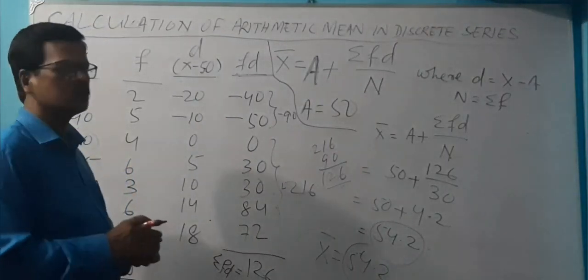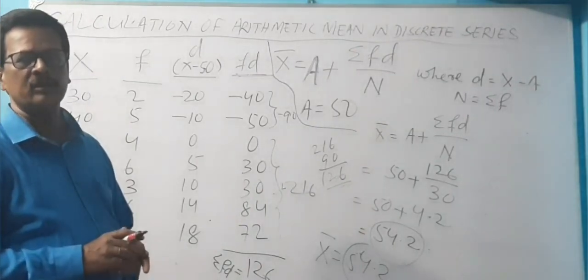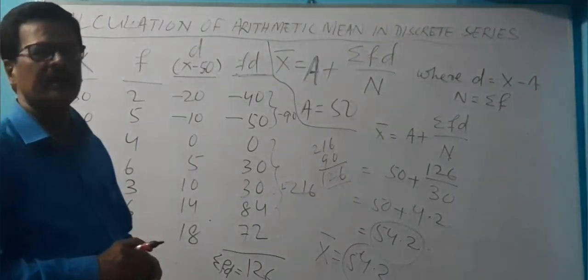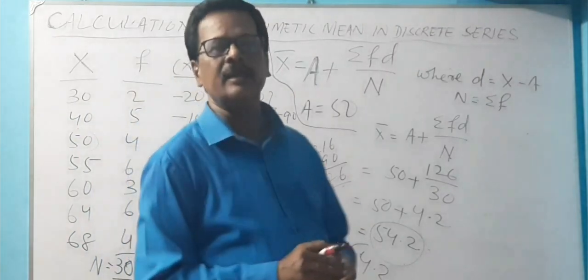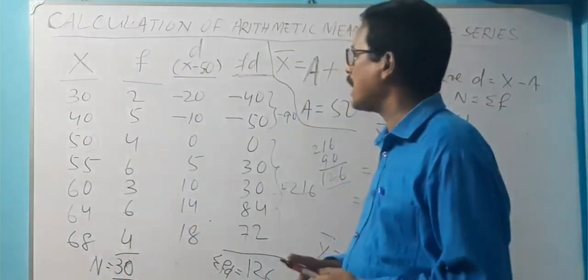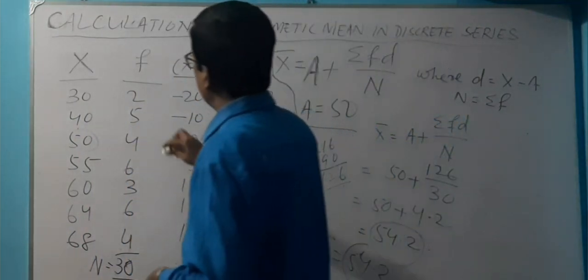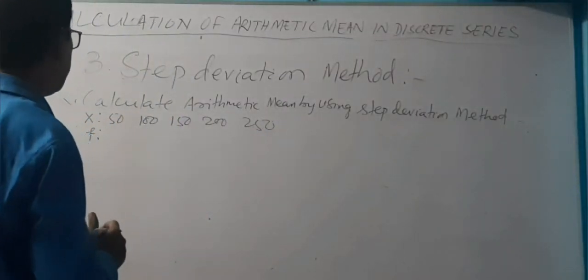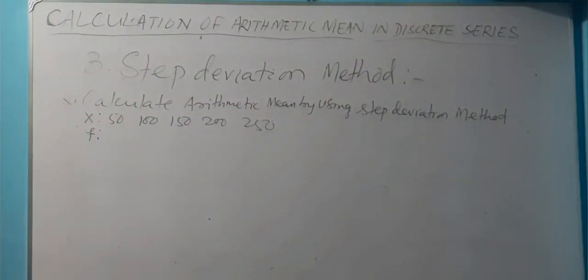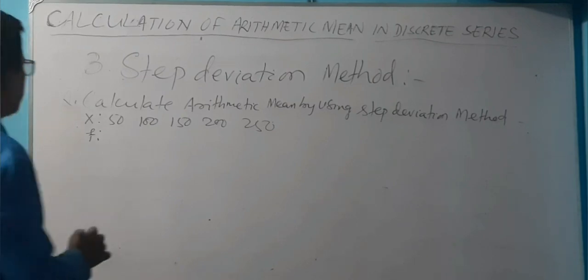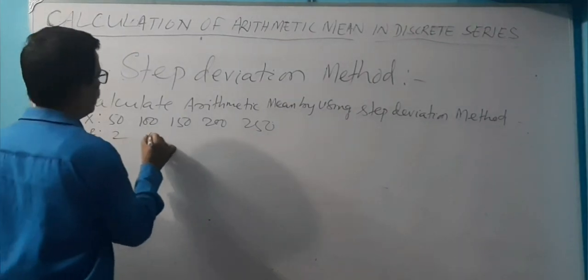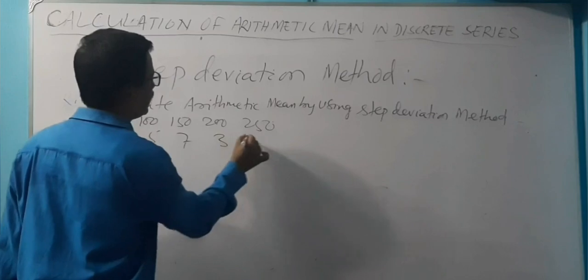Now let us go to the third method of calculating arithmetic mean in discrete series, that is the step deviation method. Write down 50, 100, 150, 200 and 250. And F values 2, 5, 7, 3, 8.